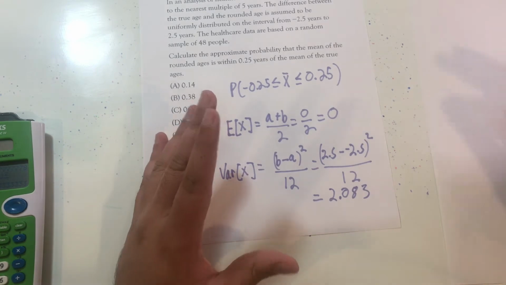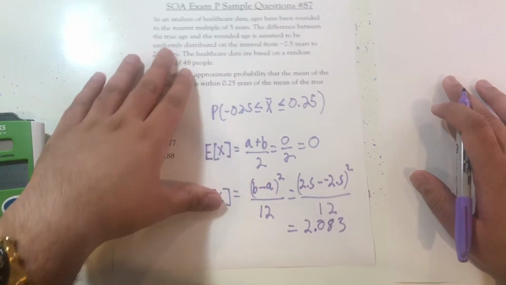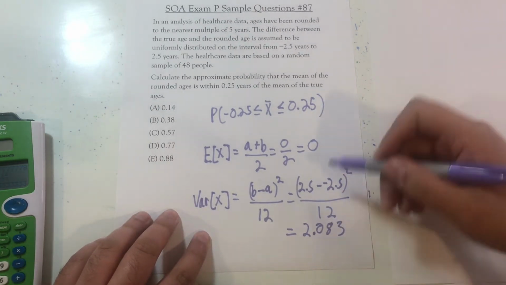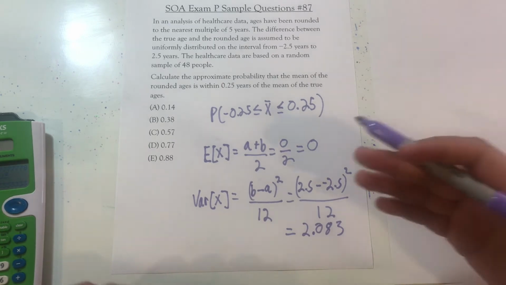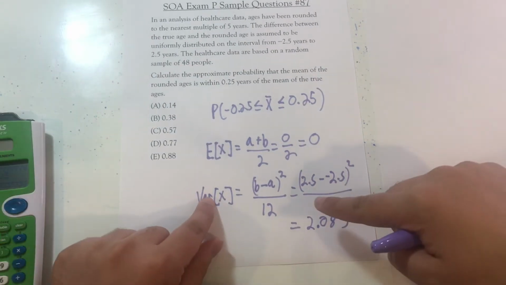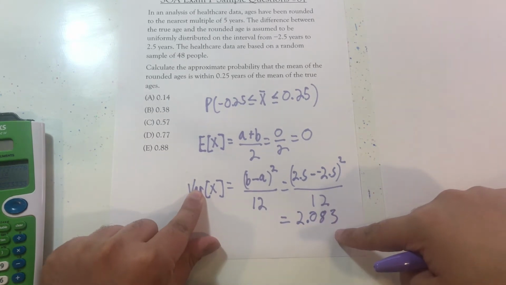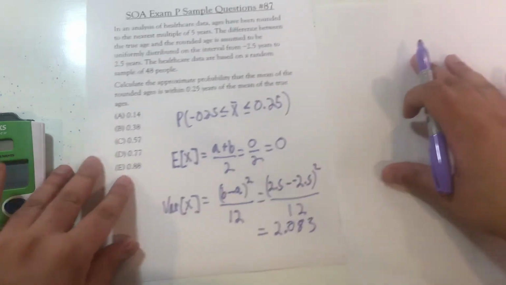Now, how do we get the variance of an average and the expected value of the average? Typically, when we use central limit theorem for the total, we would simply multiply each of these values by the number of items in our list. So the total would be 0 times 48, or here 2.083 times 48, and that would be good for the total, not for the average.